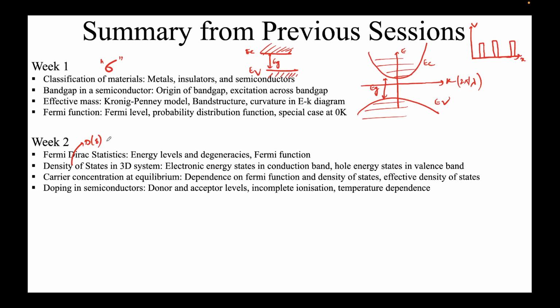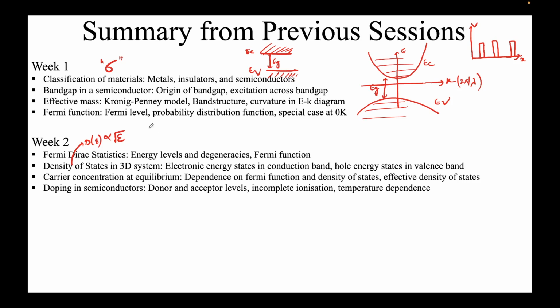Density of states is essentially the number of energy states per unit energy per unit volume, which gives us density, and we saw it's directly proportional to the energy of the level that we are talking about. And these, as I told you, for EC we have the energy states of electrons, and in valence band we have the energy states of holes.